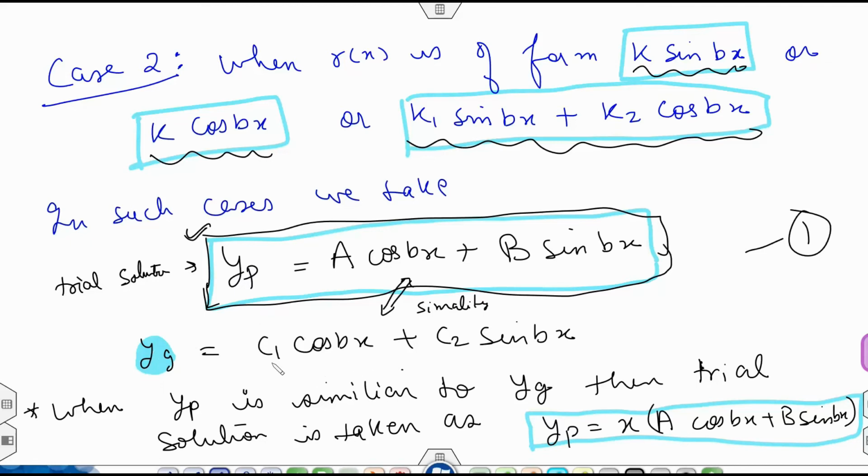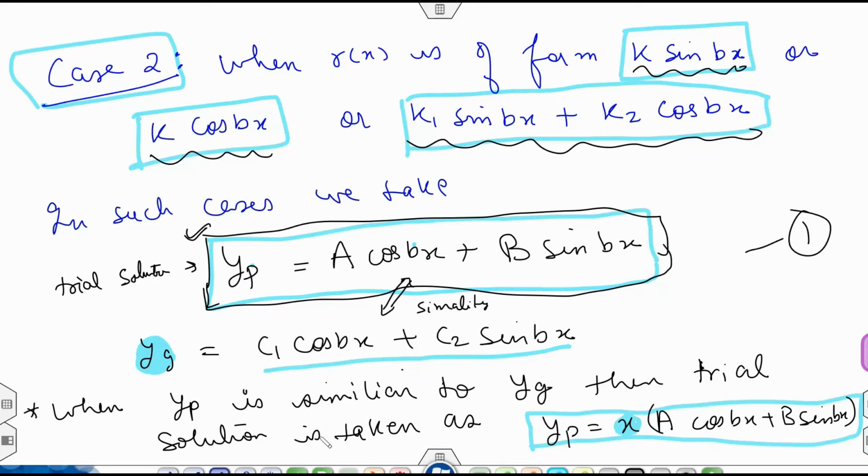If you find yg and you can see that there is similarity, it means that these both are similar and yp can be generated by yg. So in that case you have to multiply the trial solution with x. So this is our case 2.